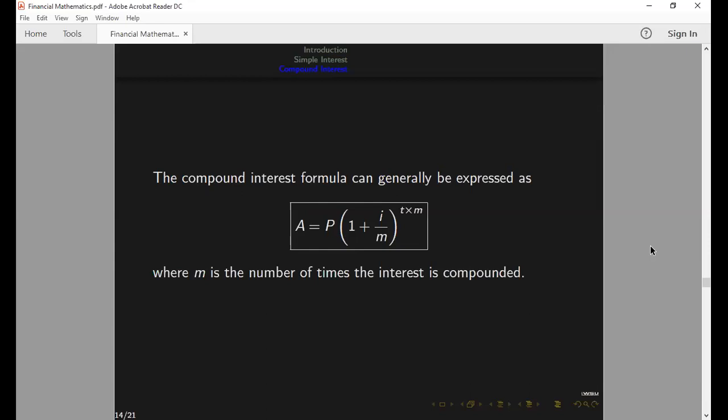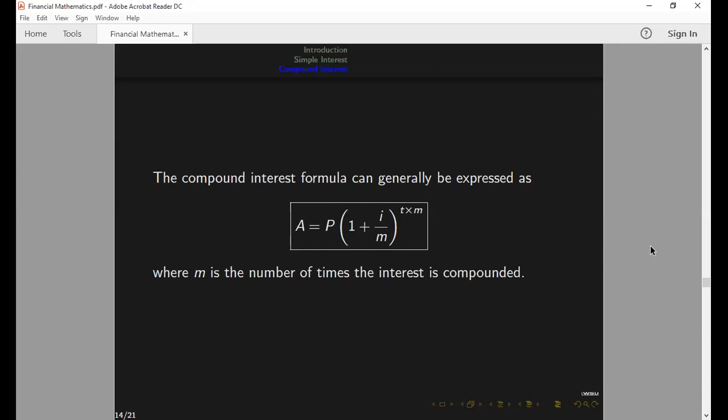Now, what does M mean? M means, since we observe interest rate on an annual basis, compounded meaning we are going to add interest on top of another. We are not forced to add interest annually. We may add interest many times in a single year. For instance, we may add interest every month, which is what normally happens.